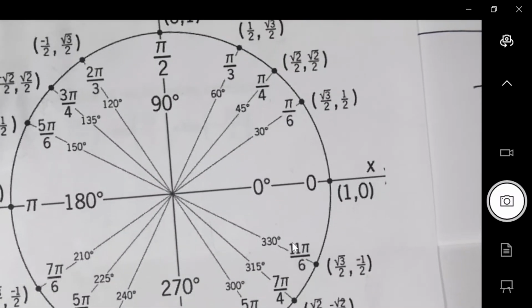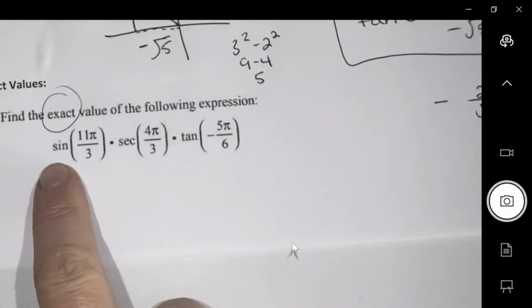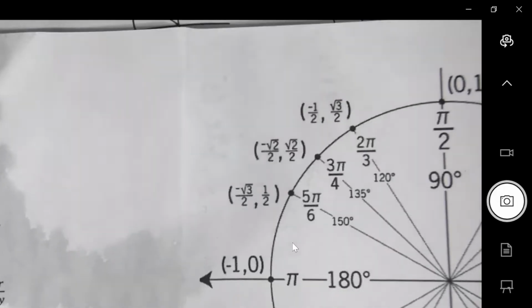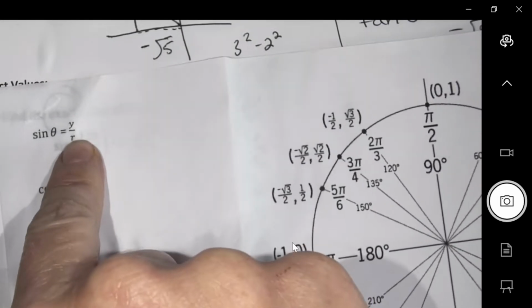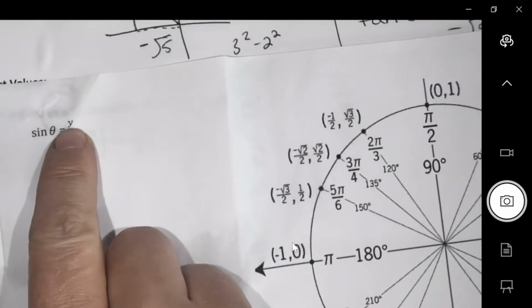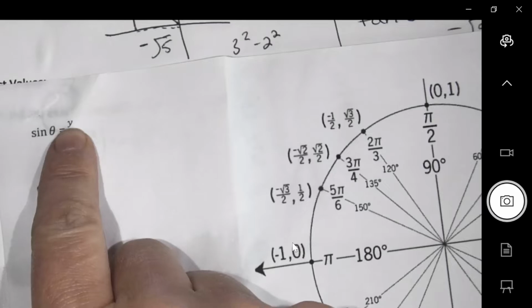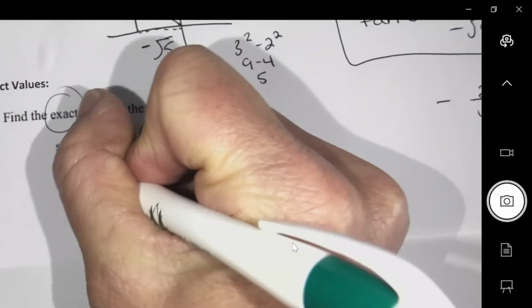Okay. So, what does sine ask me to find? Which letter? Y over R. What is R on the unit circle? 1. So is it okay if I avoid it? Because I don't care to divide by 1. So I'm just going to look for the Y.